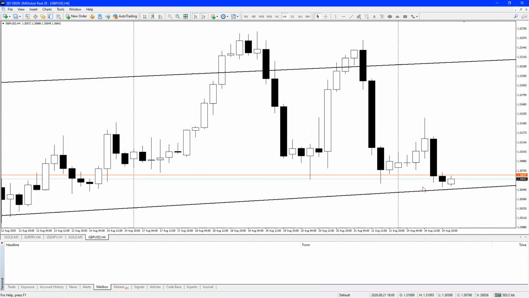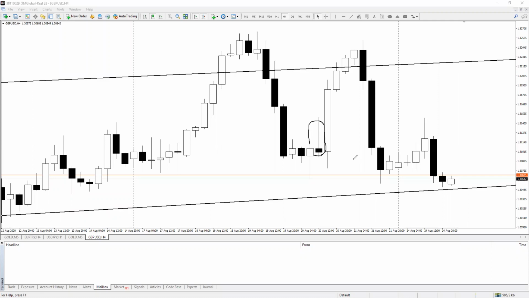Okay, so price is still giving you lower lows, right? The last bearish candle, which is this guy, price sold into it, respected it and broke back into it.